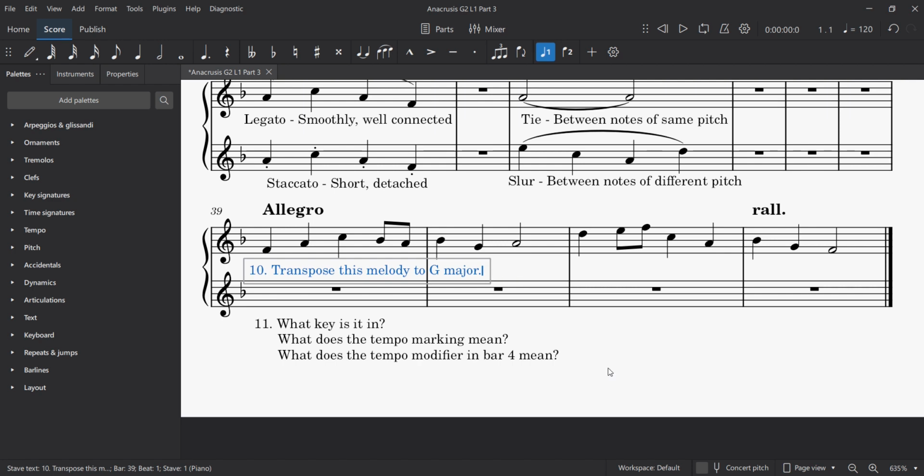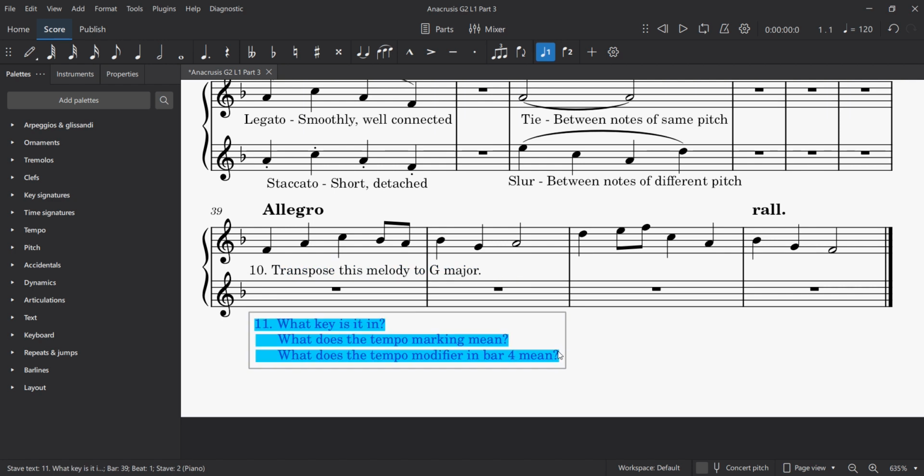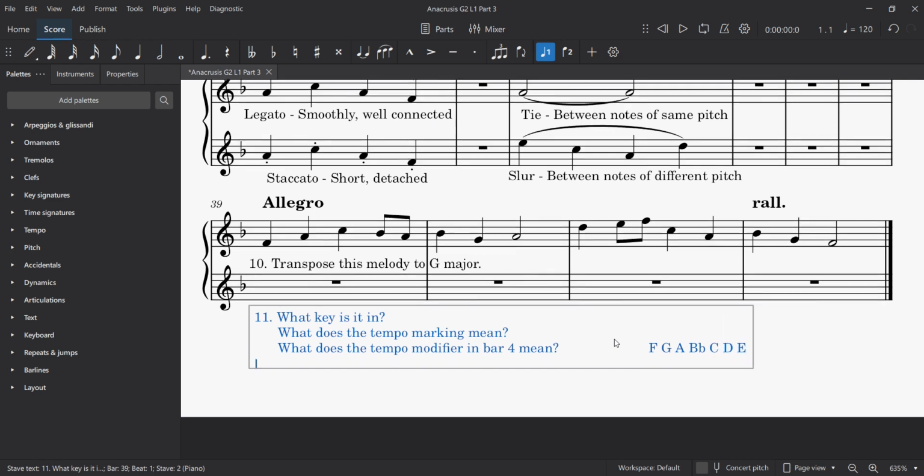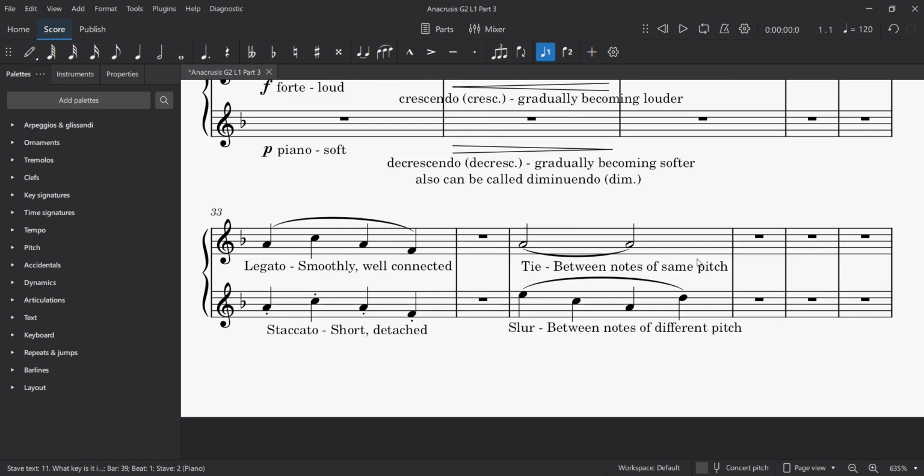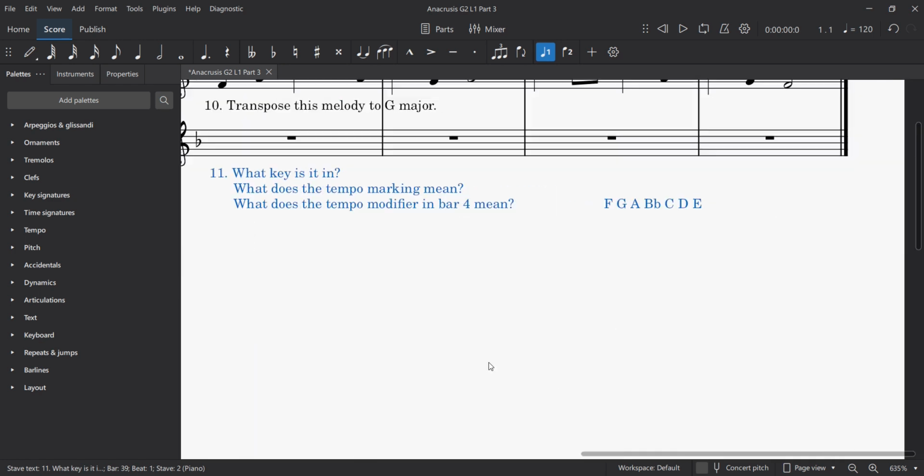Actually, we'll do it here. All right, let's try. So we have F, G, A, B flat, C, D, and E. Now let's write the notes of G major.